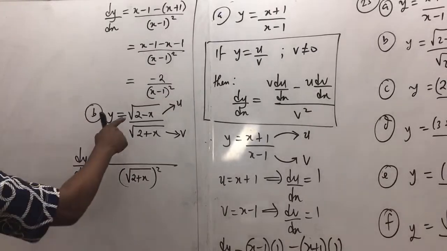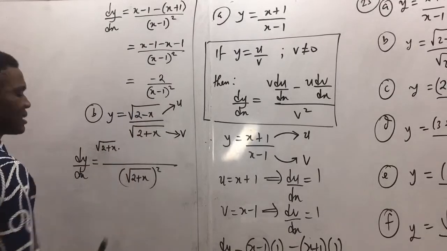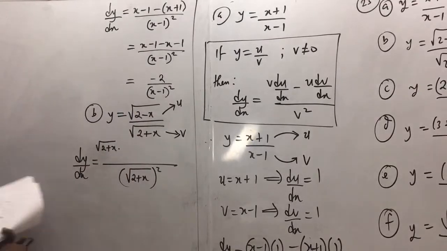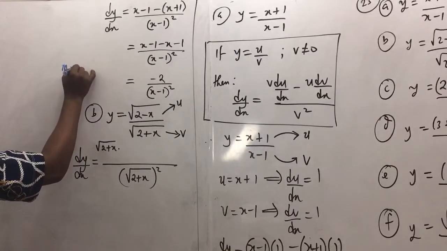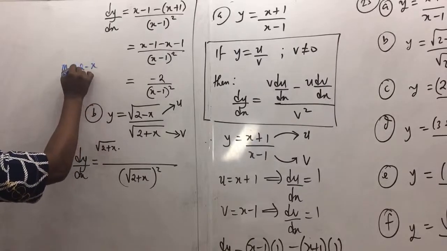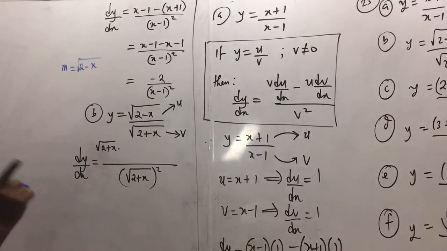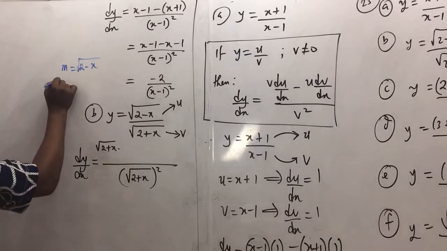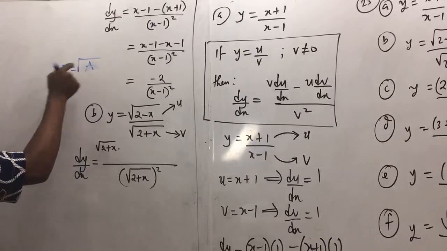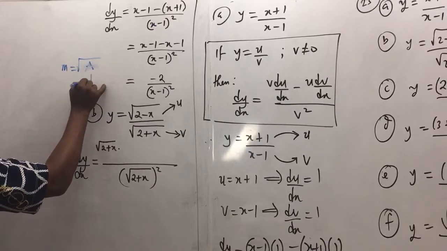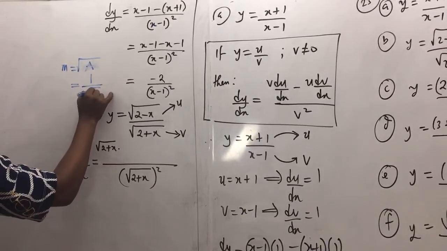Now, if you differentiate 2 minus x, let's come over here. Let's say we are given m equals the square root of 2 minus x to differentiate. Based on what I told you earlier, when you differentiate a function of this nature, m equals square root of a, your result to start with will be 1 over 2 square root of a.